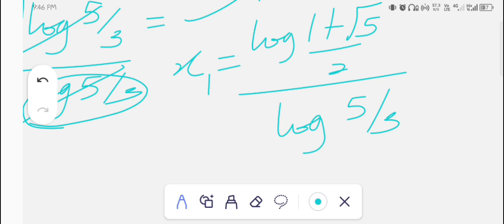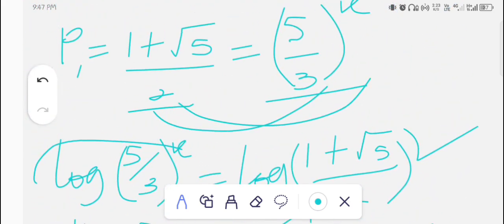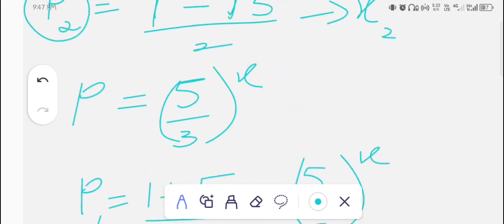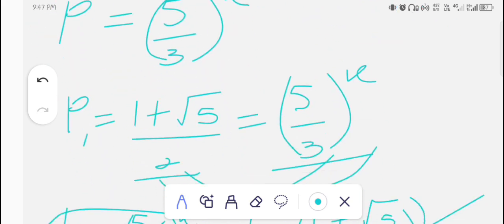This is true now. What about the value of x2? Recall, we said that since we had two values for p, it's expected that we get two values for x. Very good. So here now, from this value of p2, we can generate the value of x2. Let us observe and see something out here.